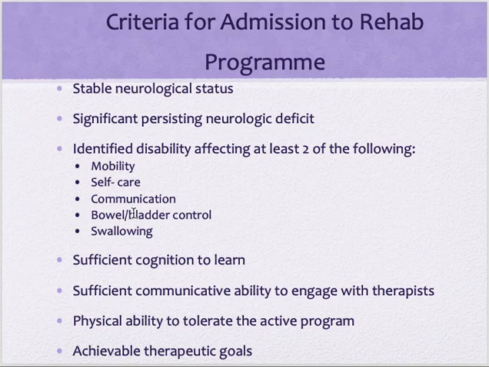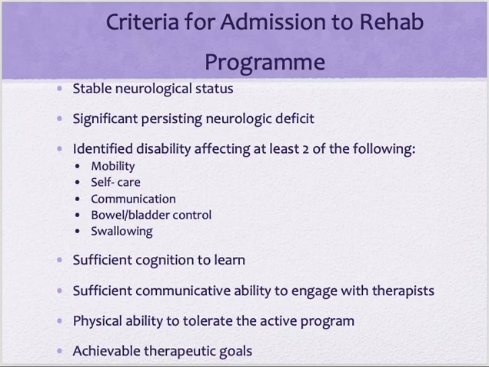If they don't have sufficient cognition, whatever you do will go useless because the patient cannot learn those things. And sufficient communicative ability to engage with the therapist, and physical ability to tolerate an active program. And there should be achievable therapeutic goals.